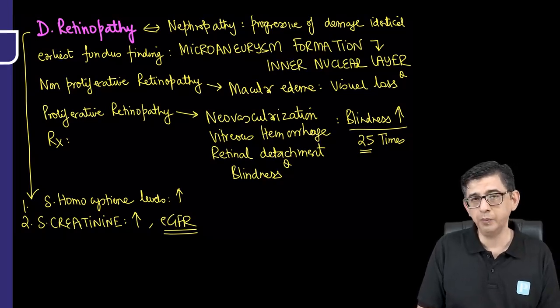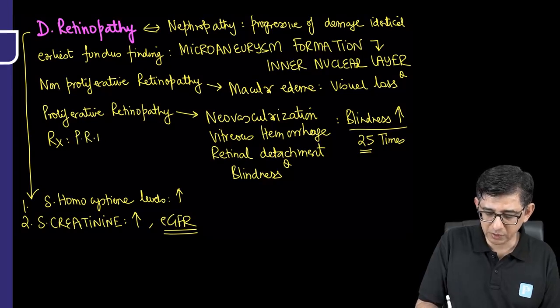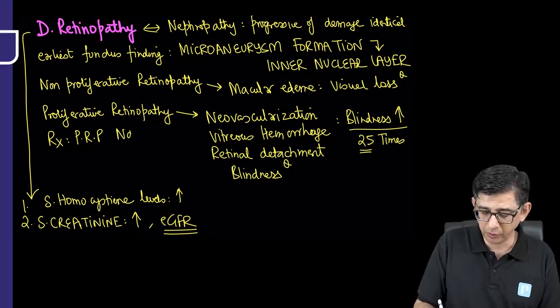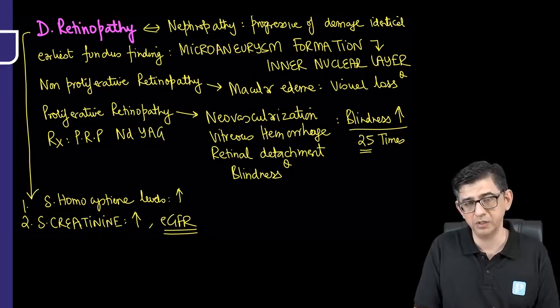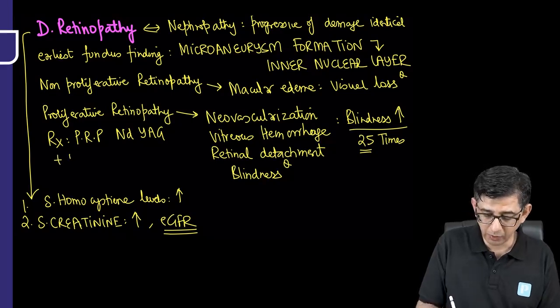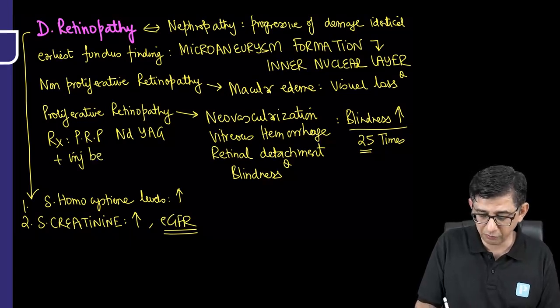Now coming to the treatment part of retinopathy, this is what you study in ophthal, that we'll be taking care of this neovascularization, or we'll be destroying these blood vessels by using a laser beam. So we'll be going in for a pan-retinal photocoagulation using ND-YAG laser, and we'll destroy these abnormal vessels because blindness is to be prevented. Along with this pan-retinal photocoagulation, we will also be using intravitreal injections of anti-VEGF, that is bevacizumab.